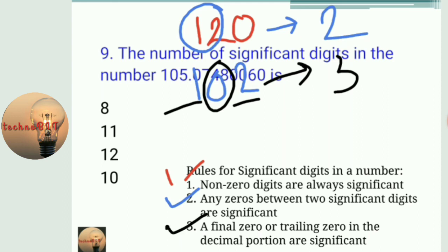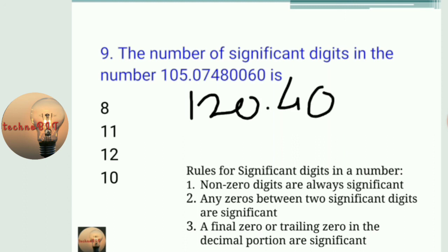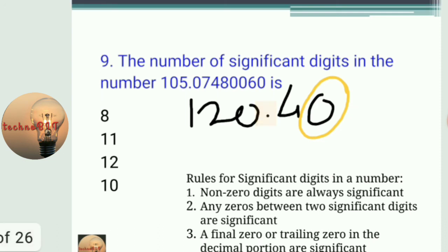That means if I write 12.40, this final 0, also called a trailing 0, will also be significant because it is coming after the decimal. So the total number of significant digits will be 5. First, second, third, fourth, fifth.